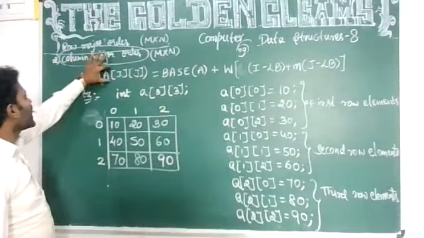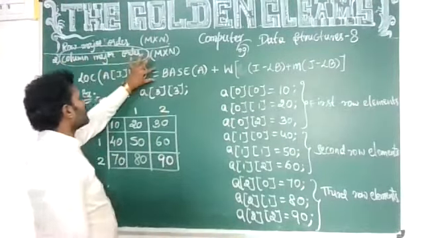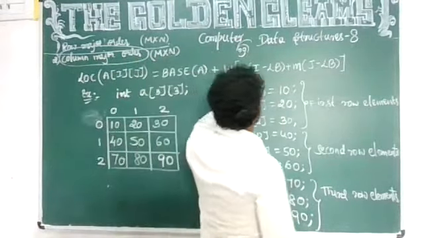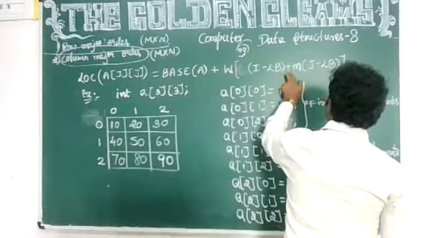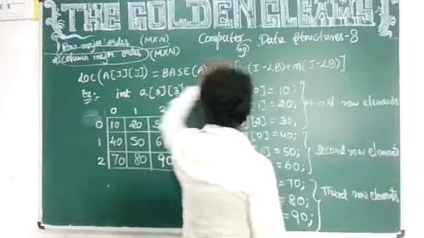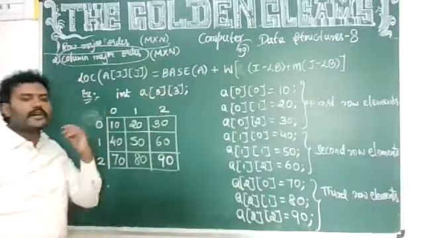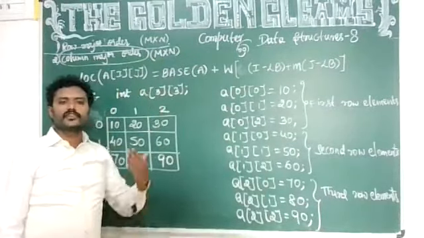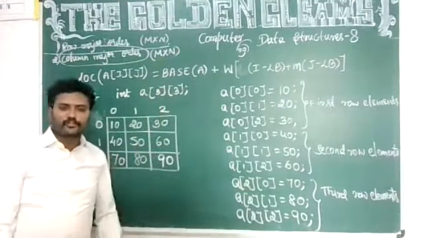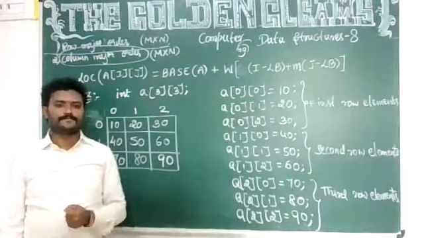LOC of A[i][j] equals base of A plus W of (i minus LB) plus m of (j minus LB) is the formula used to represent the column major order elements in a memory of two-dimensional array.